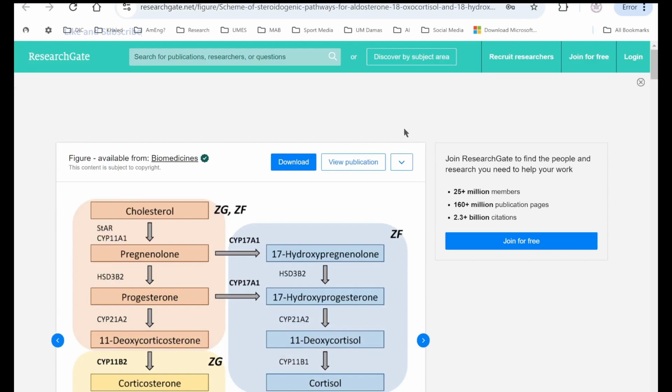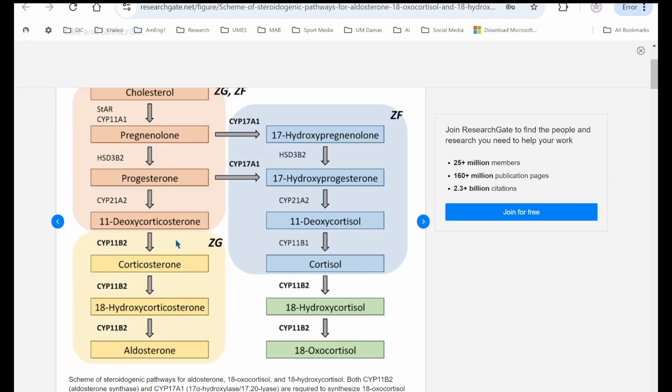But you can see here cholesterol is converted to pregnenolone through cytochrome 1A1, then pregnenolone is converted to progesterone, and then we have corticosteroids through the 11 beta 2, also cytochrome 11 beta 2, responsible for 18 hydroxycortisone, and the end result will be aldosterone. This is one pathway. Another pathway will be formation of cortisone. So we have some hormones responsible for inhibiting these enzymes here.